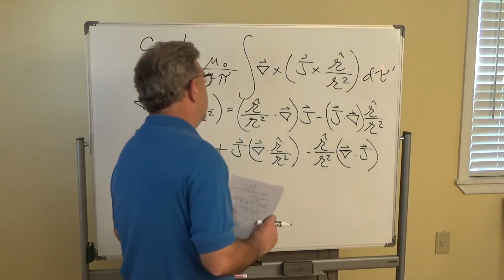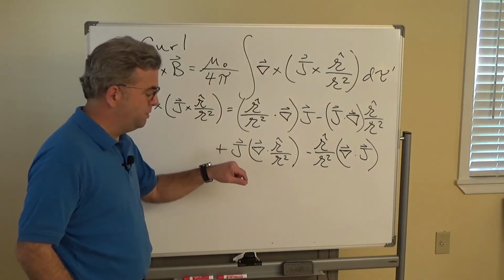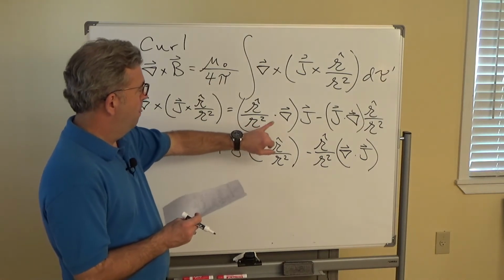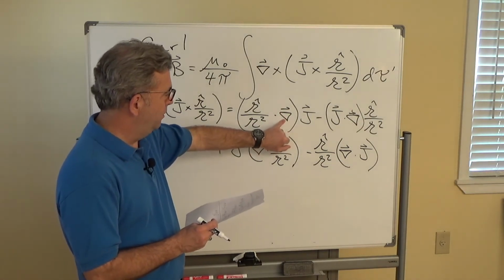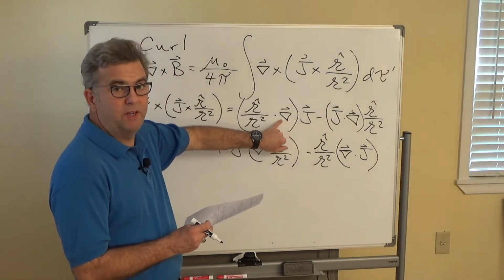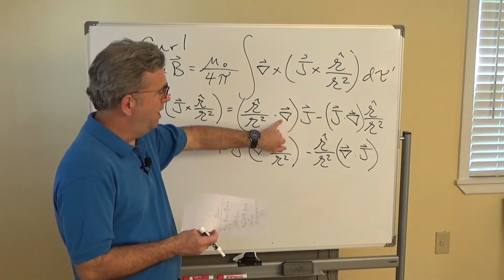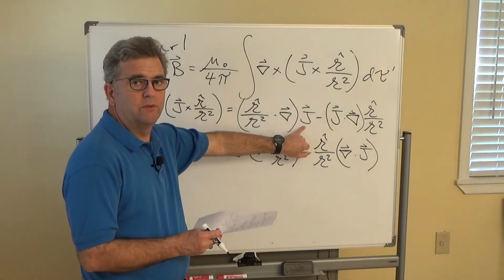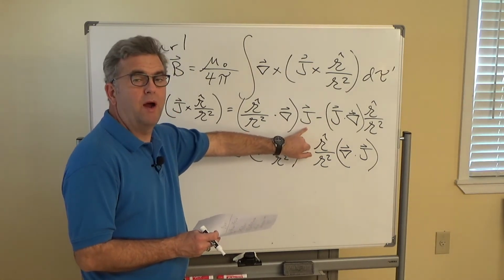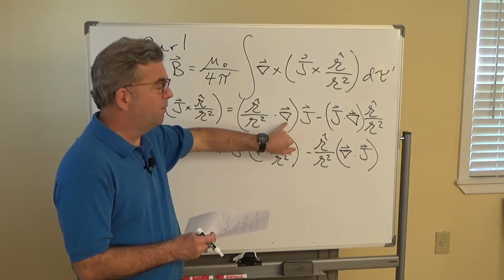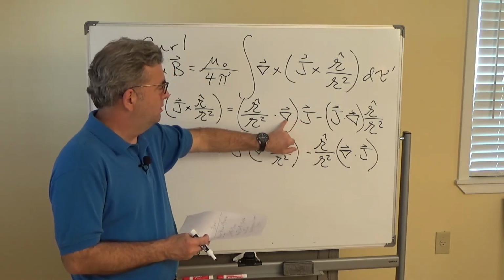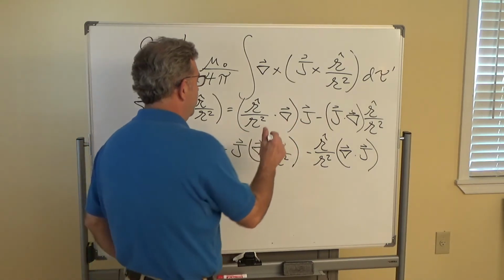Okay. So let's look at these terms. In this first term, this is acting on the field. This is a field or gradient, okay? You're acting on a source. This only depends on the prime coordinates. This depends on the unprime coordinates. In other words, this is the source, this is the field operator, 0.